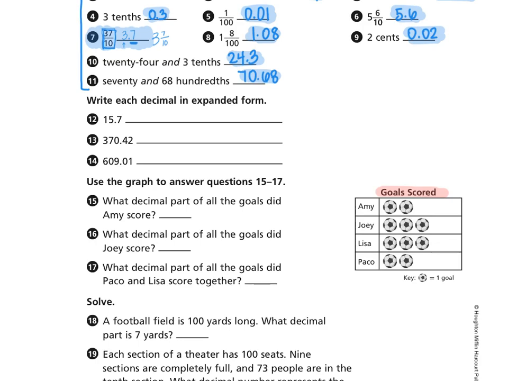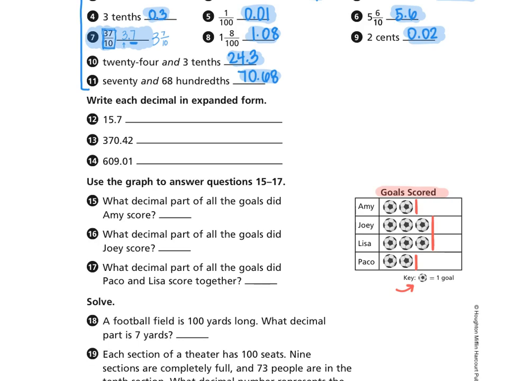I noticed that it has a key, and each soccer ball equals 1 goal. Awesome. All right, JJ, what do you notice? I noticed that Amy and Paco have the same, and Joey and Lisa have the same. Oh, that's a really good observation. Okay. And Bryn, what do you notice?